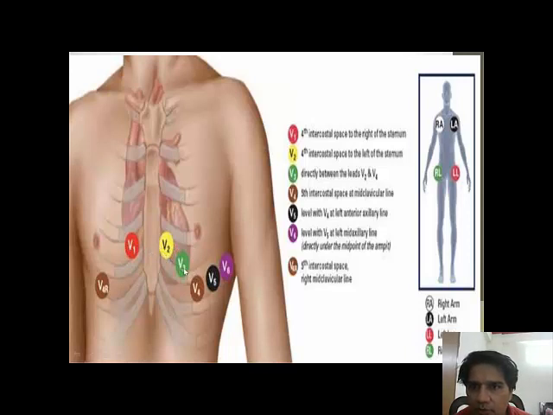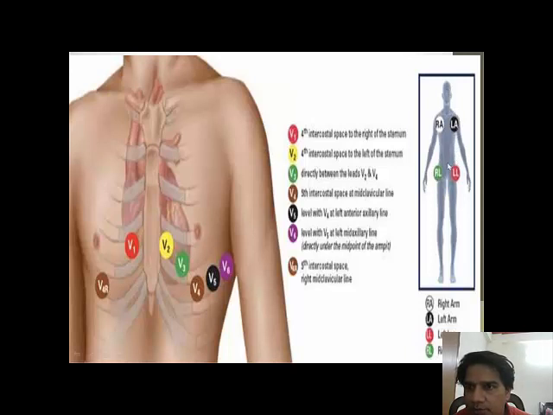V3 is directly between V2 and V4, V4 is in the fifth intercostal space, V5 is in the anterior axillary line, and V6 is in the left mid axillary line. These are the precordial leads. And these are the limb leads: right arm, left arm, that is lead 1. Left arm, left leg, that is lead 3. Left arm, right leg, lead 2.